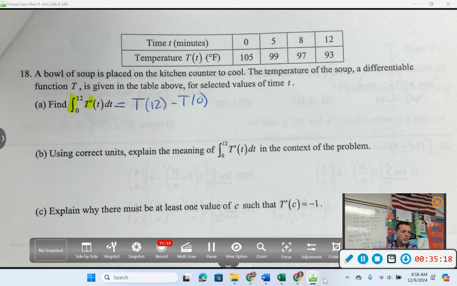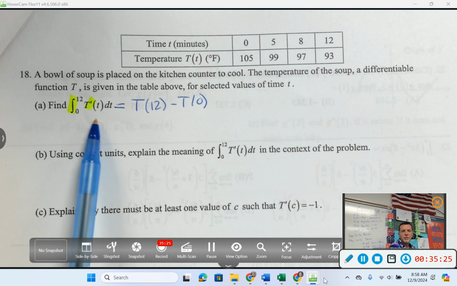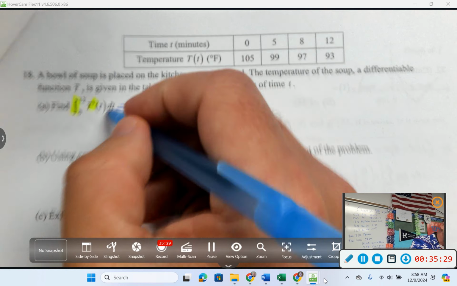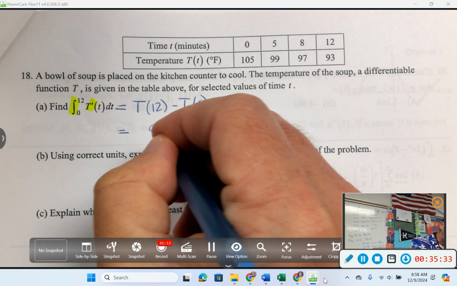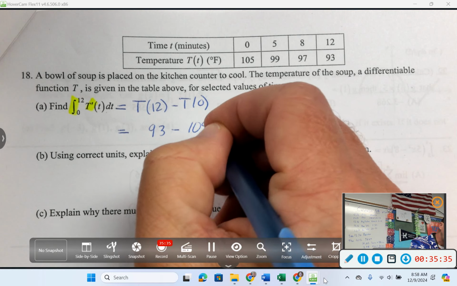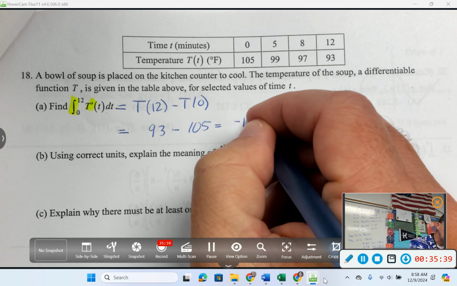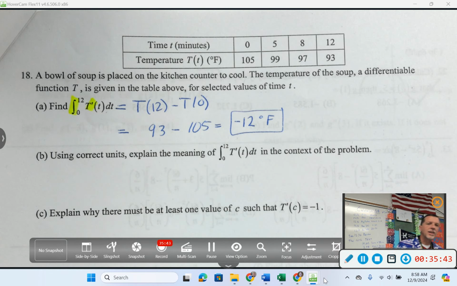So I thought this was going to be some Riemann sum, rectangles, trapezoids, left-hand rule, right-hand rule, but the antiderivative of a derivative gets me back to the original, and so this is really just asking 93 minus 105, would that be negative 12? So that turns out to be an easy question.